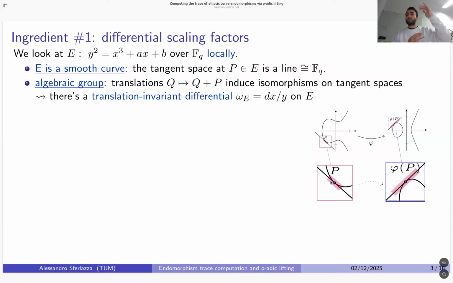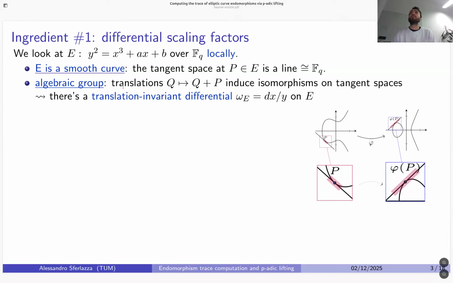There must be a correspondence that when we translate by a point, so we shift points around, then this line also shifts. So there's a way to describe all these lines at once. That is a translation invariant differential. It has a simple expression in coordinates if we represent E as a short Weierstrass curve.